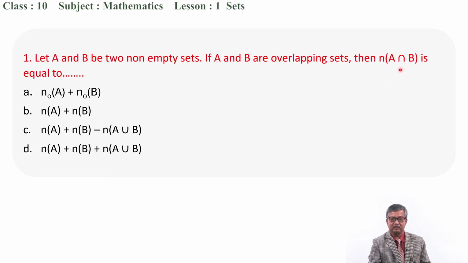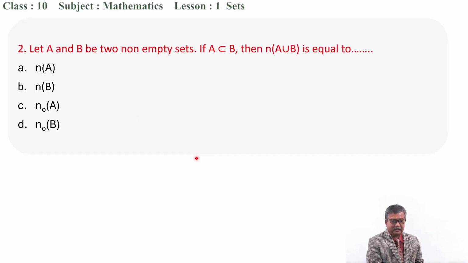Options: A, n(A) plus n(B); B, n(A) plus n(B) minus n(A union B); C, n(A) plus n(B) minus n(A union B); D, n(A) plus n(B) plus n(A union B). Which one is correct? Yes, good. We say C. Yes, very good. C is correct.